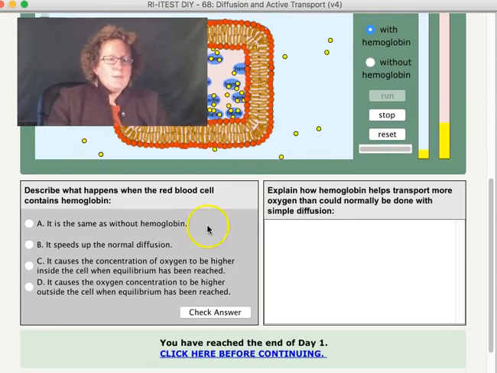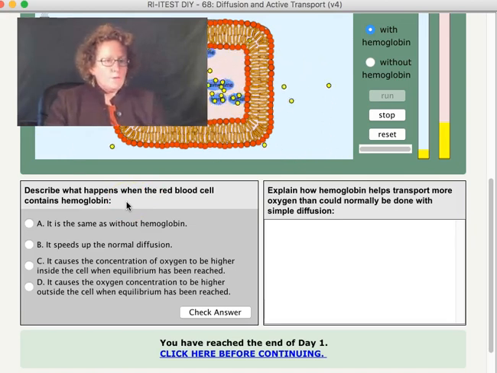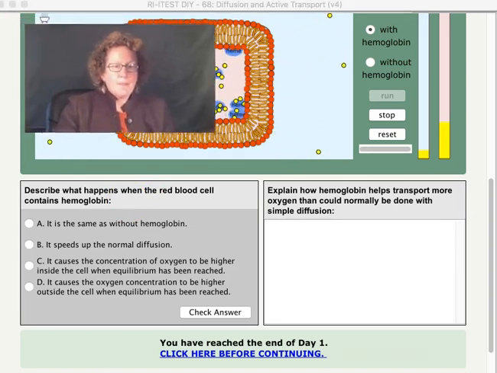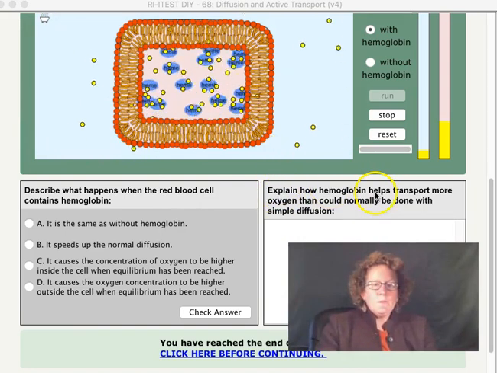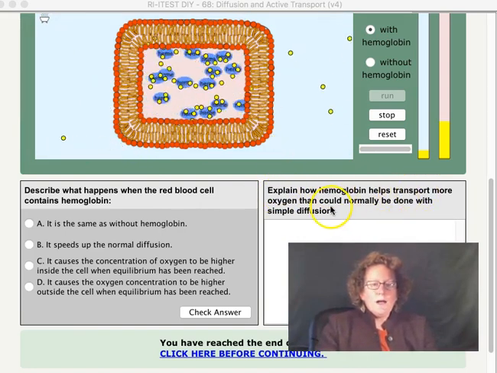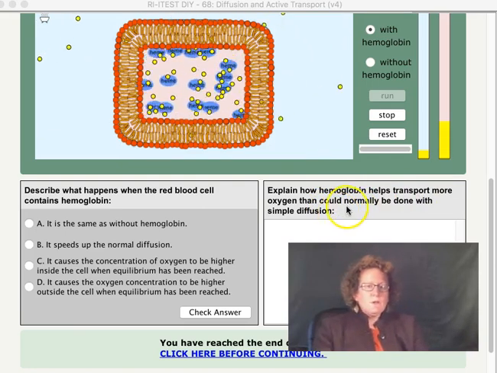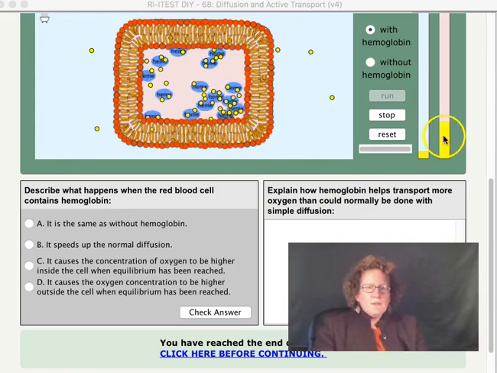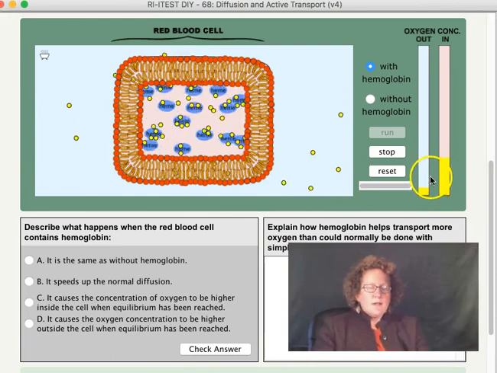So describe what happens when the red blood cell contains hemoglobin. Well, hopefully you know by now. And you should be able to explain how hemoglobin helps transport more oxygen than can normally be done with simple diffusion. There's a clue here. Look at this level here of oxygen concentration.